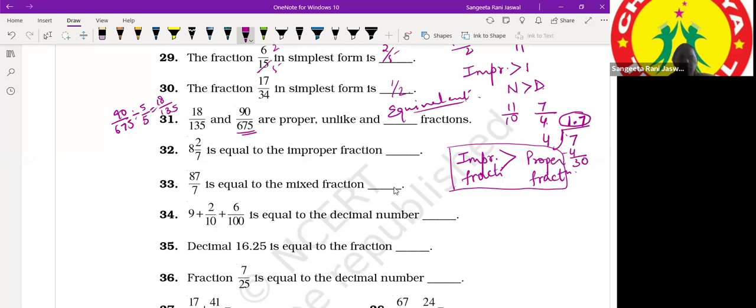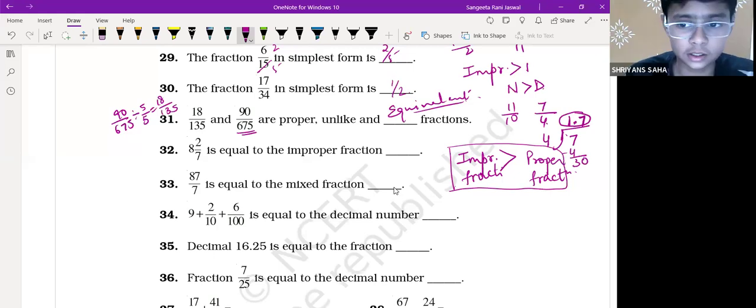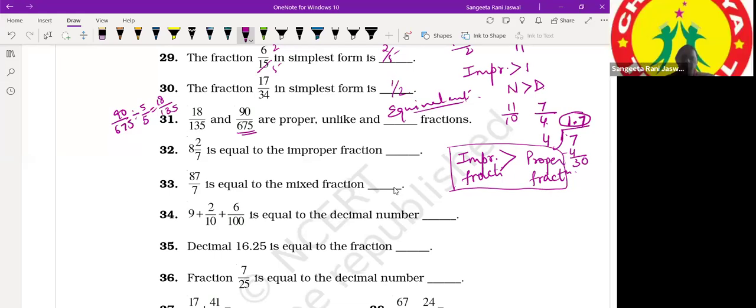Okay, 8 2 by 7 is equal to the improper fraction. Write the improper fraction of this. 58 by 7. Okay, 87 by 7 is equal to the mixed fraction.